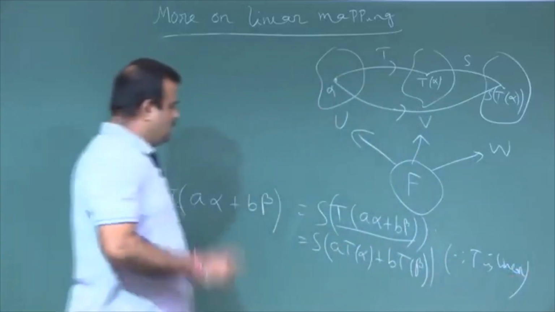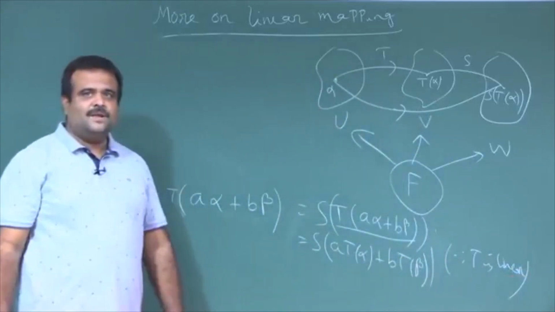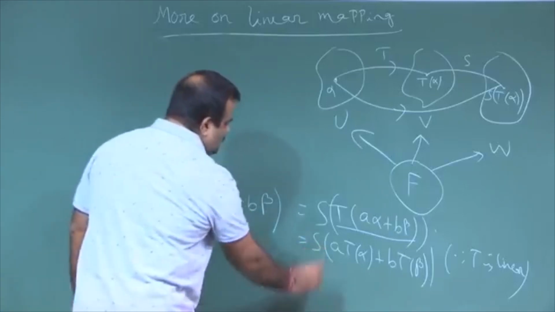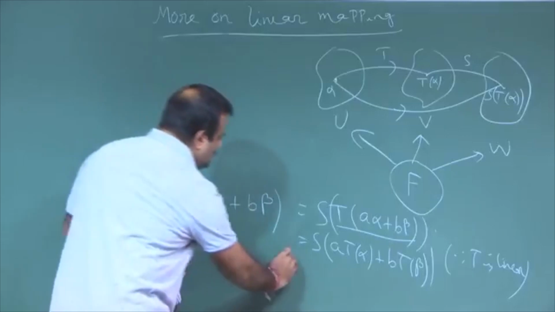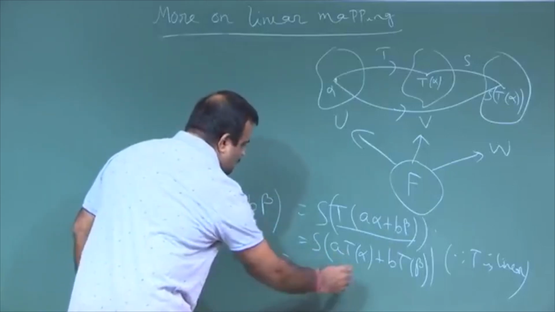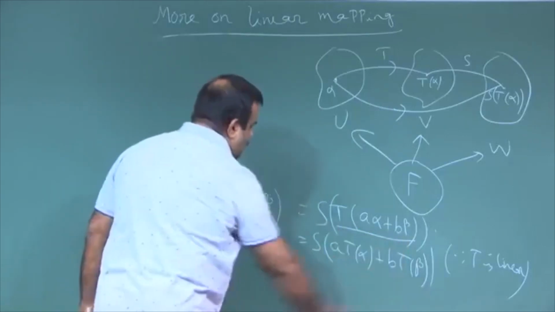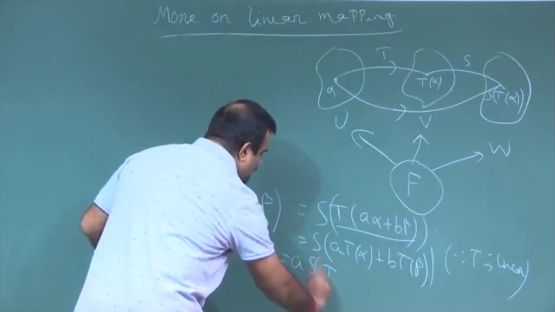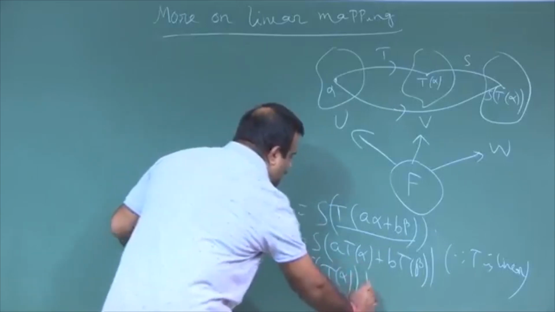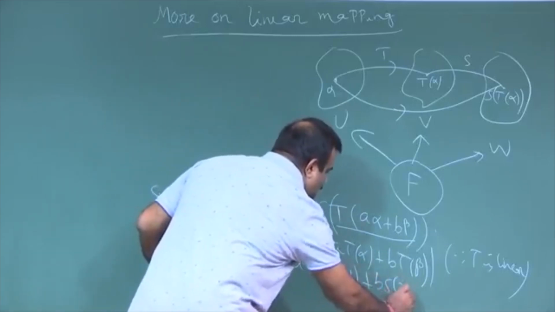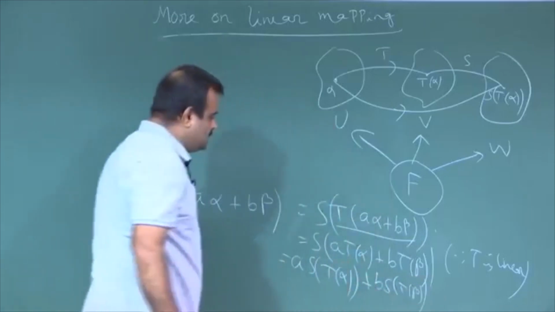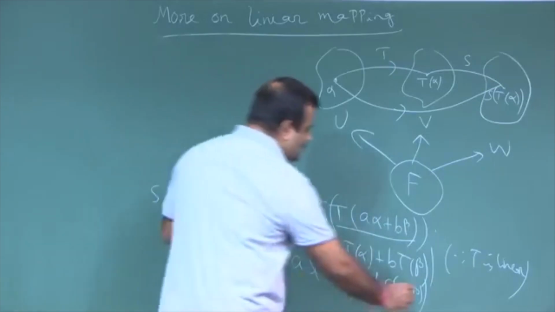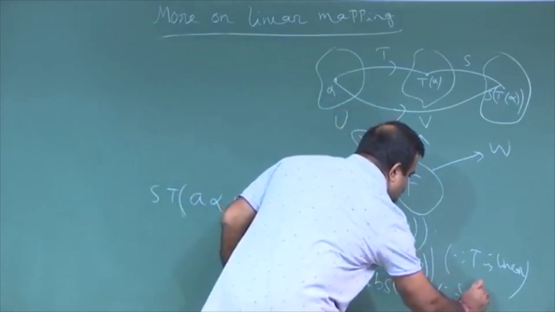By the property of linear transformation we can write that. Now, S is also linear, so we can write this as A of S of T alpha plus B of S of T beta. This is because S is linear.